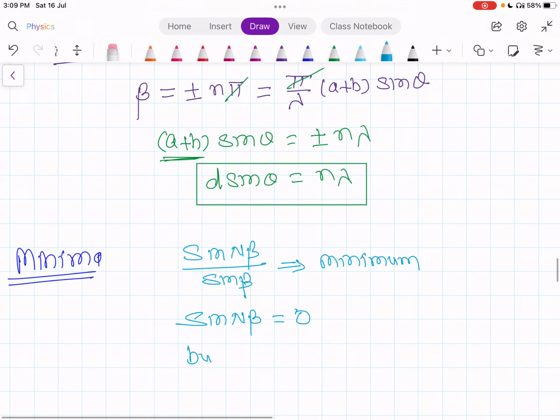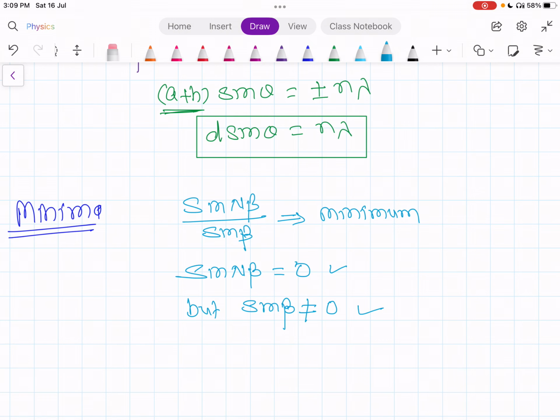But sin beta cannot be 0, because if sin beta is 0, that is the condition for principal maxima. So sin beta should not be 0, but sin n beta should be 0.